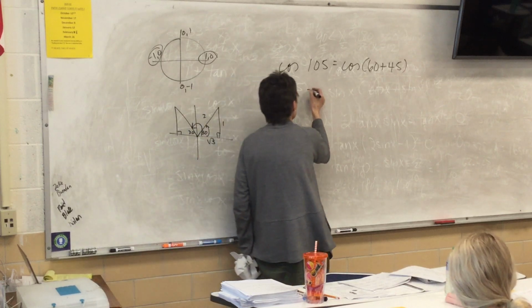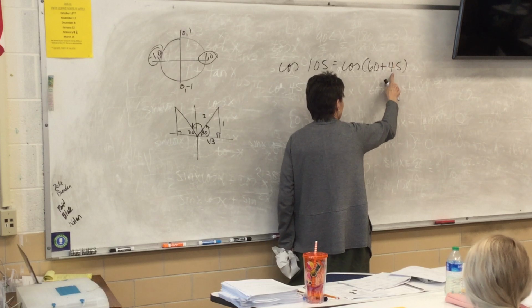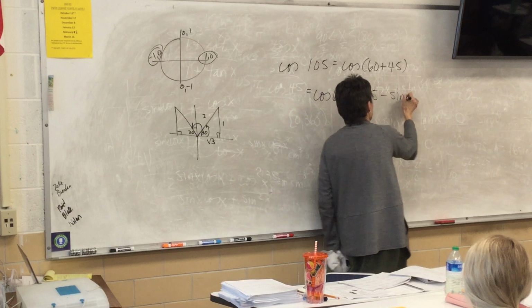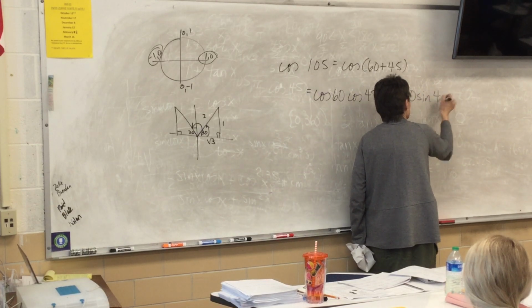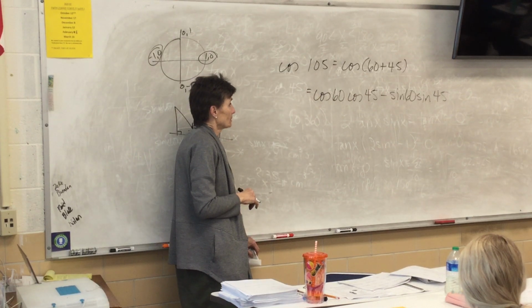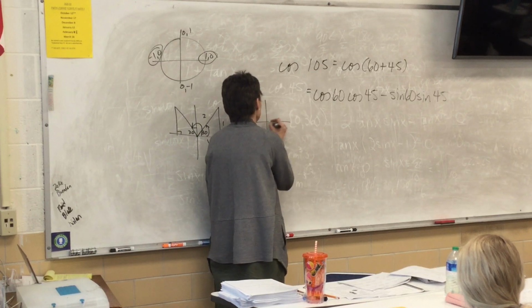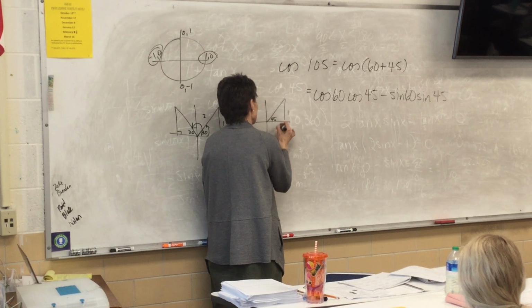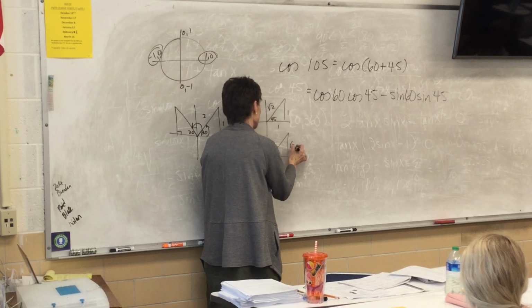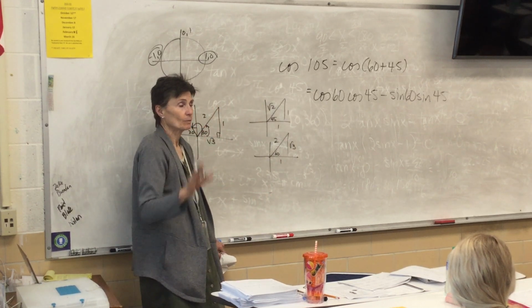All right, then I need my formula for the cosine of u plus v. So cosine 60, cosine 45, minus sine 60, sine 45. Straight off the paper. That's it. That's the formula. So now I need to figure out what all these numbers are. So I'll draw my 45 over here to the side. And I'll draw my 60 over here to the side. You gotta have that memorized, okay?